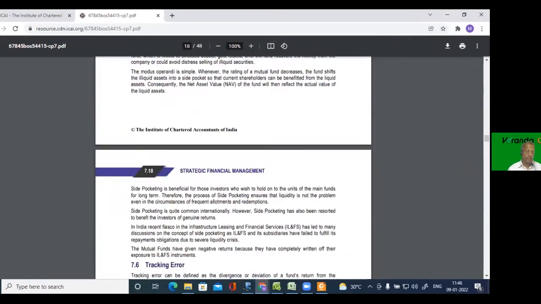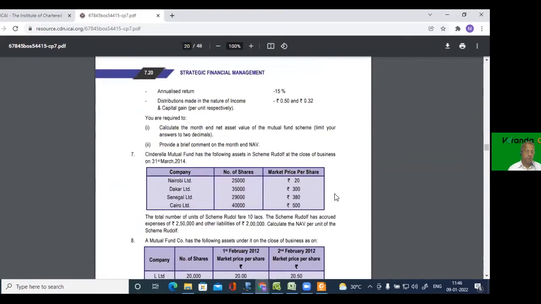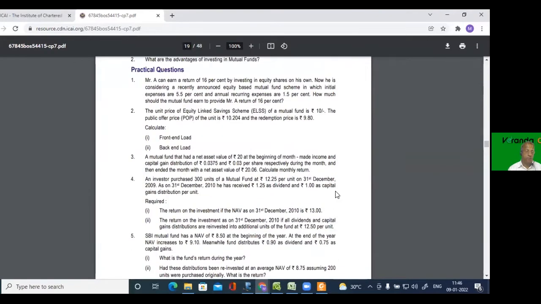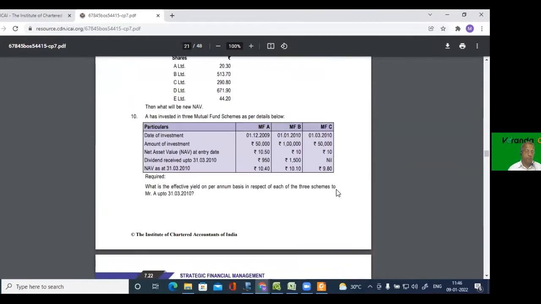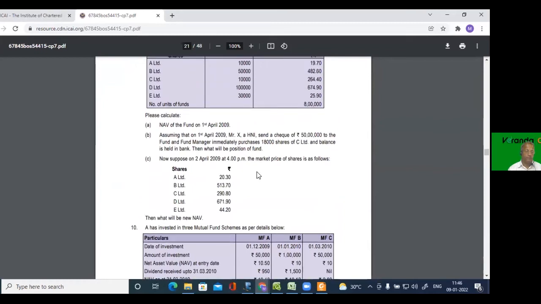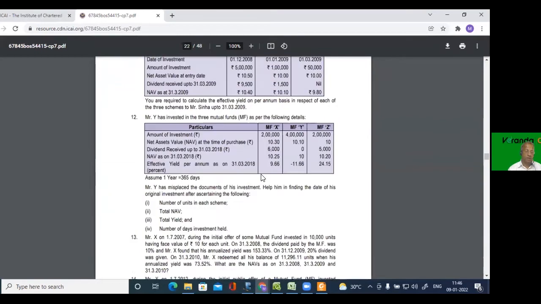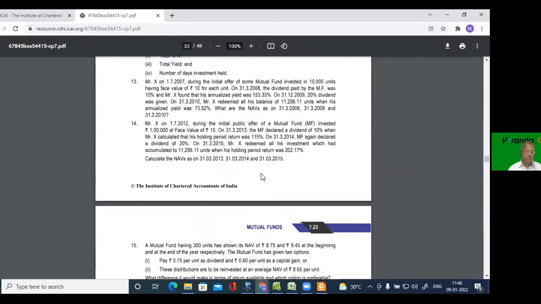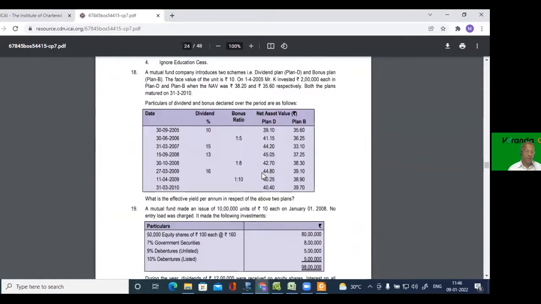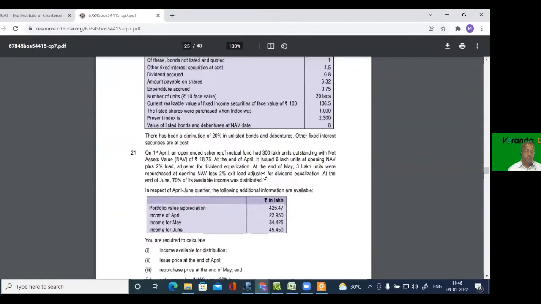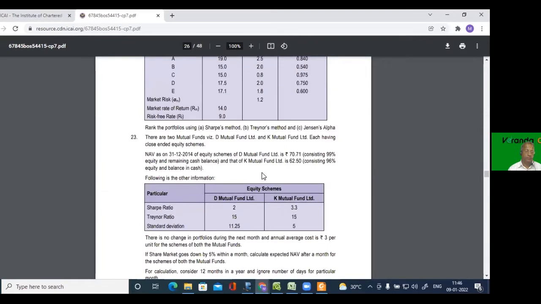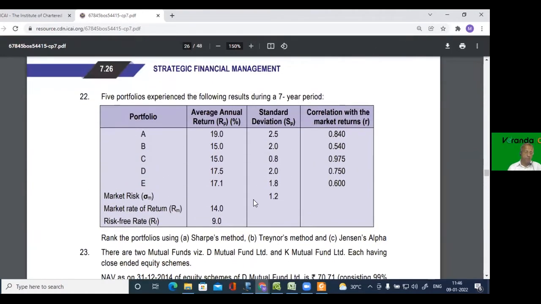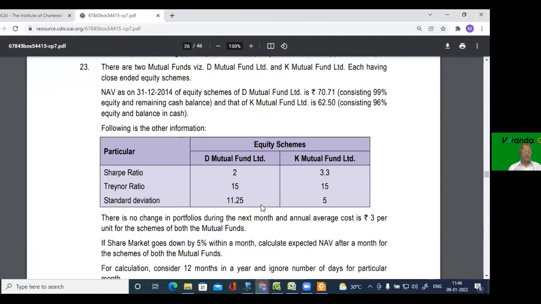It's not there. This problem was there. Yes, it's there. Now you can see that this is the problem.